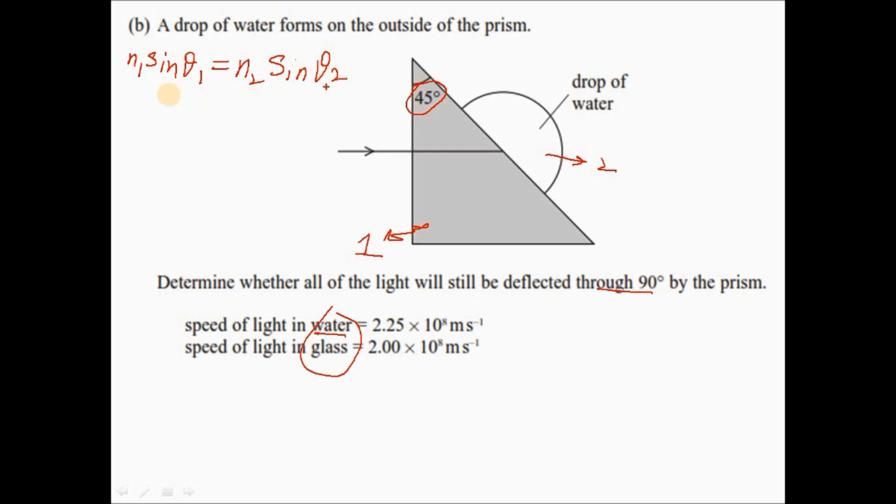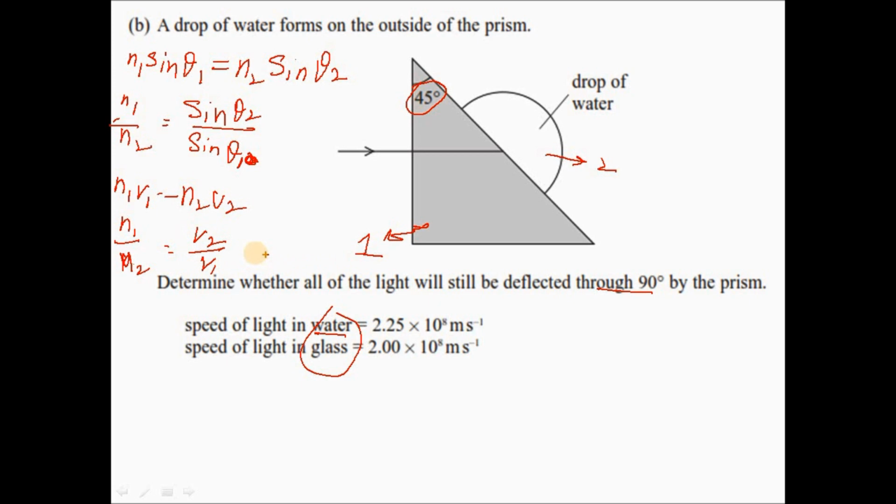So I can rearrange this equation as n1 over n2 equals sine theta 2 over sine theta 1. I have a similar relation between the speeds, n1 v1 equals n2 v2, and I can rearrange it as n1 over n2 equals v2 over v1.